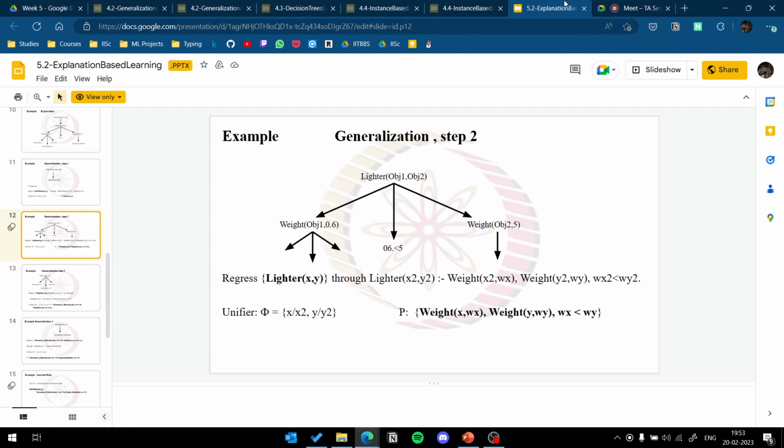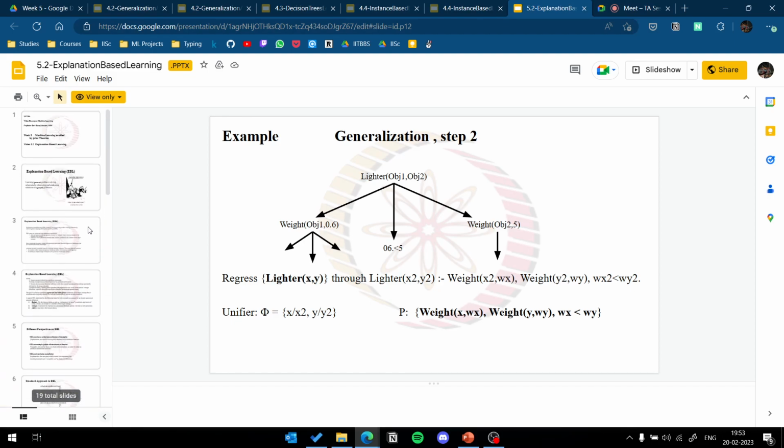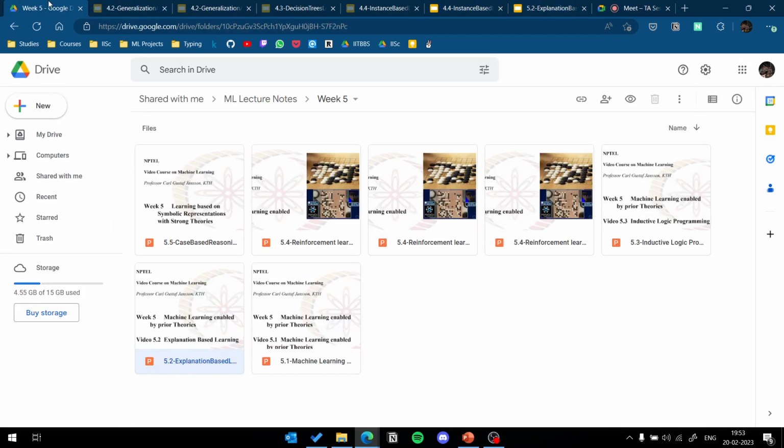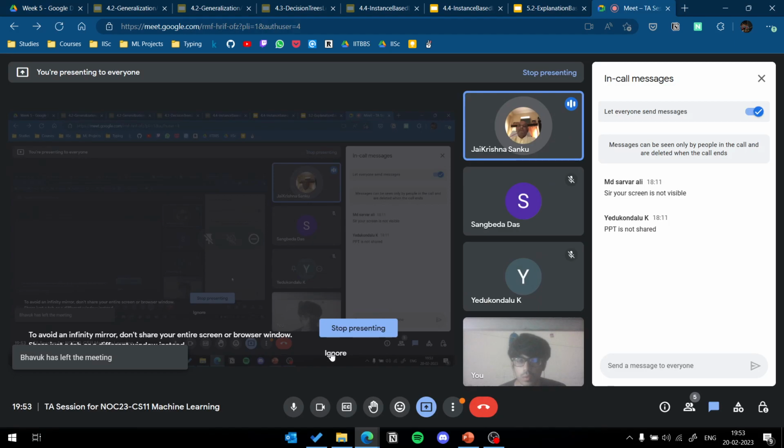Sure, explanation based learning and Q learning, I'll definitely focus on this. I had to struggle a little bit with the Monte Carlo reinforcement technique, but finally understood. Yeah, that is a little bit difficult, I would say.